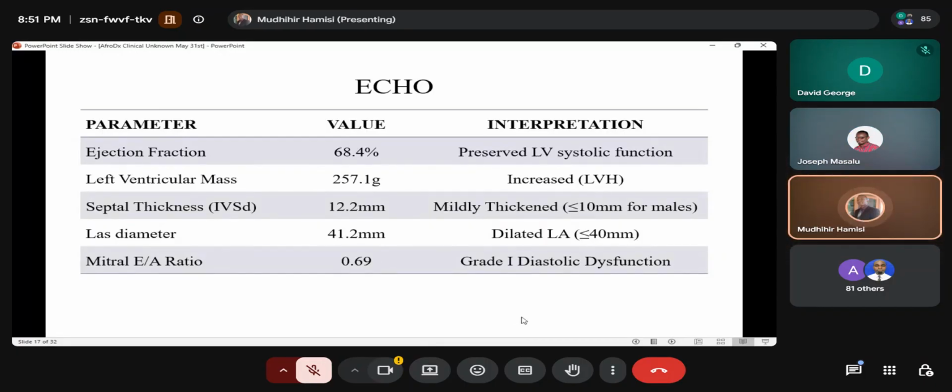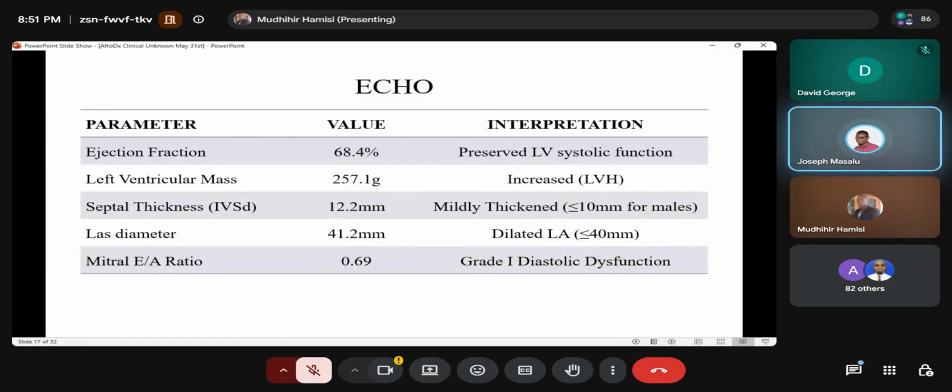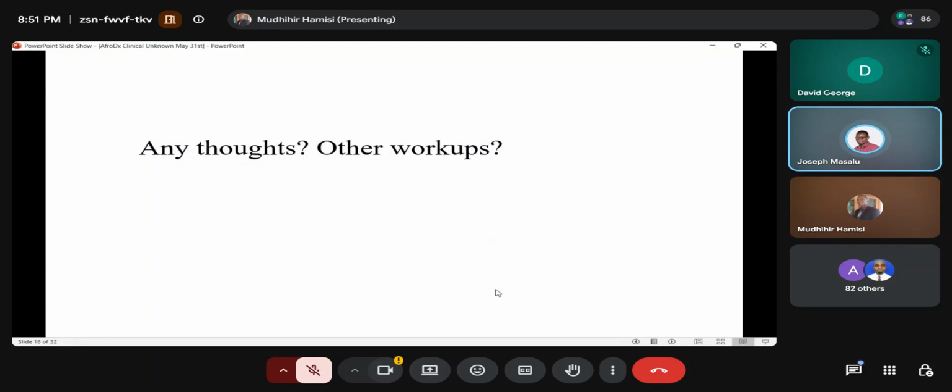Another investigation, you mentioned the serum EPO. Yeah, if I do serum EPO, it will tell me whether this is a primary process.